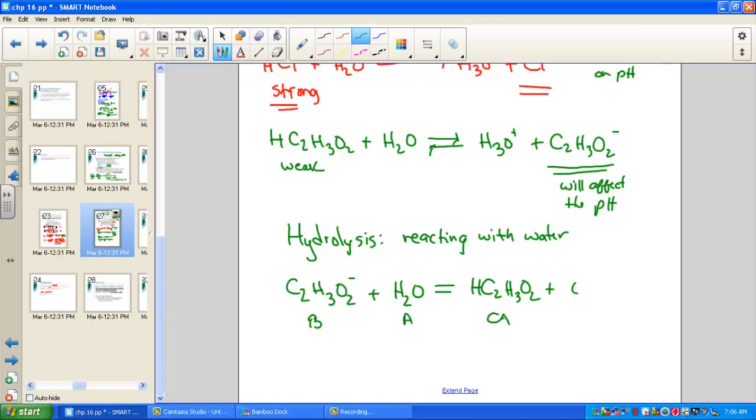And here is the acid, so it's going to form hydroxide ions, the conjugate base of water. The solution has become more basic. Think of that as less acidic.